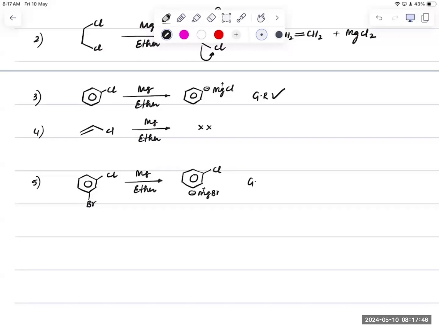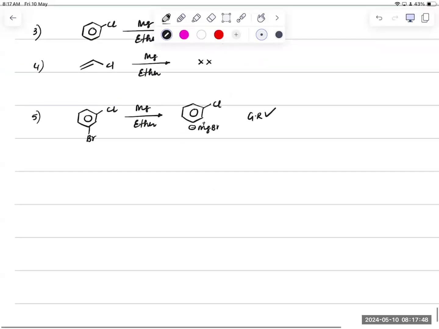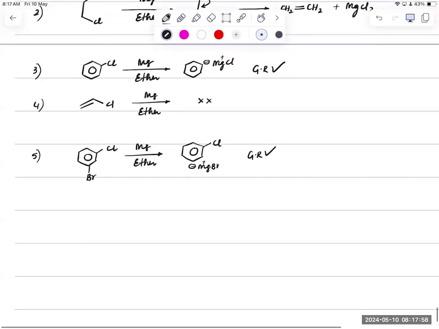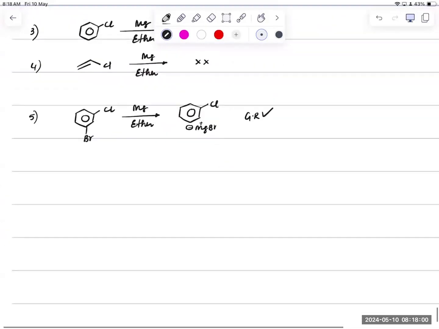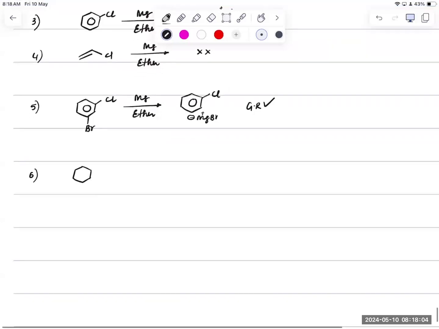So it is a Grignard's reagent, and it is forming at the bromine place. Clear everybody? But see, when I said this is happening for chlorine, can the same thing happen for bromine here?